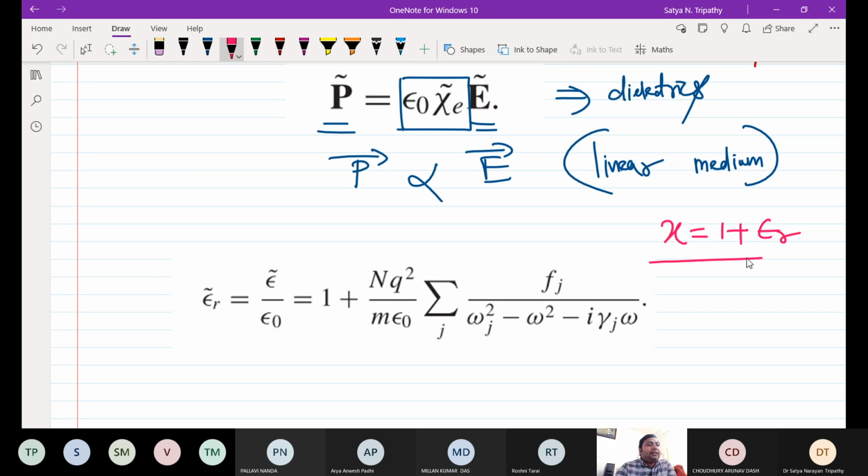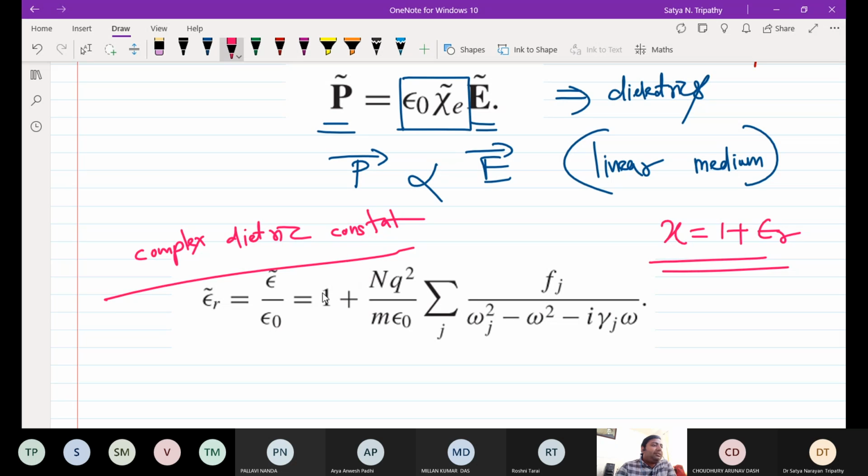That's the reason. So this is the complex dielectric constant, and N is basically the square root of epsilon R. You understand my point now, right?